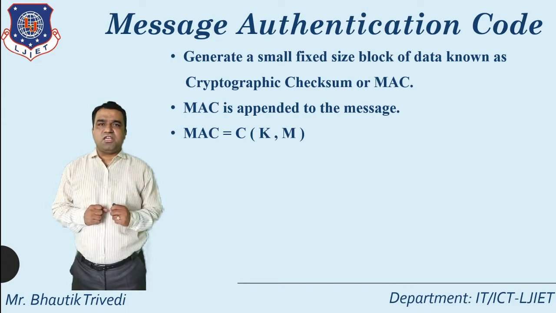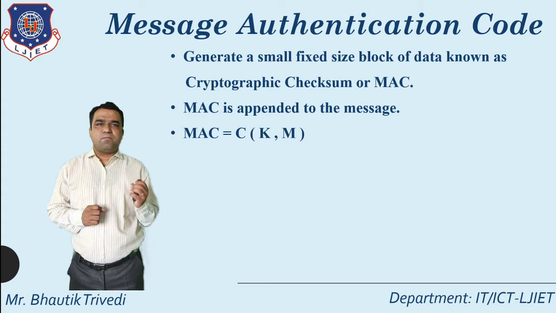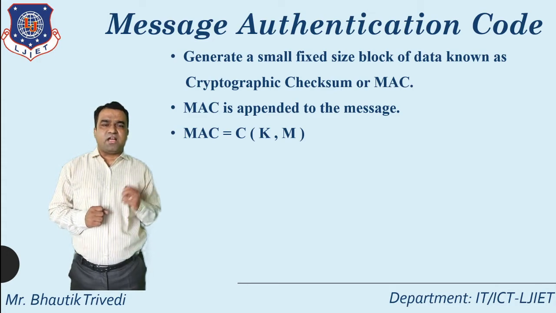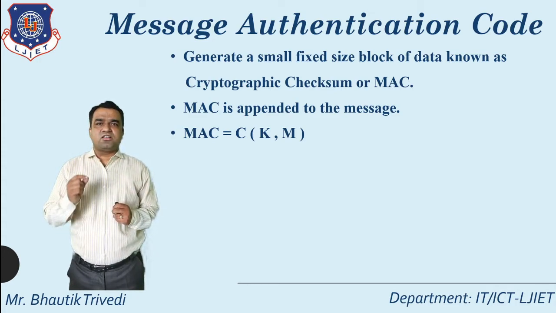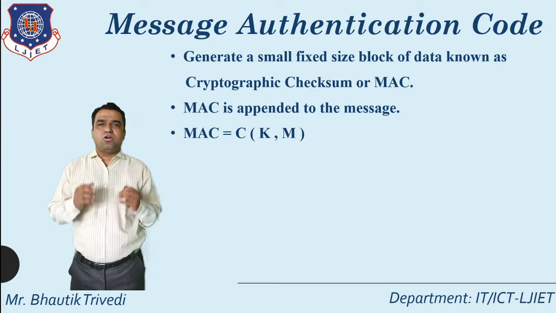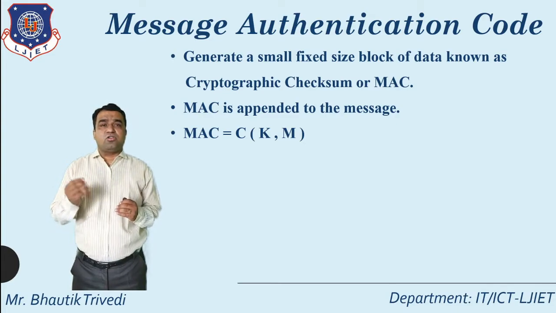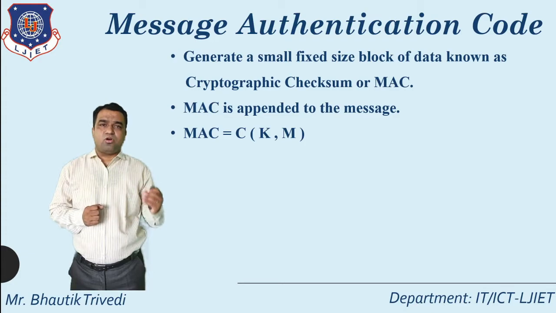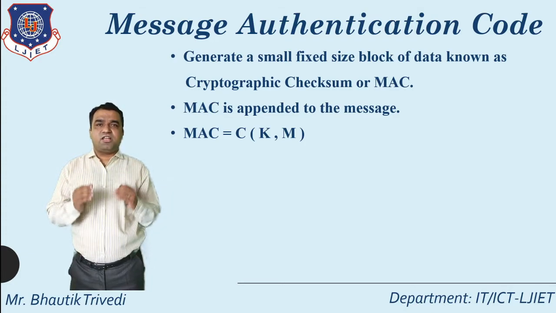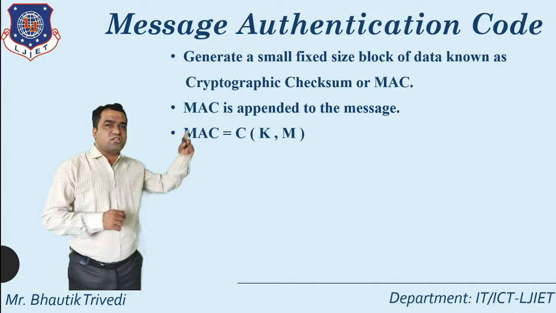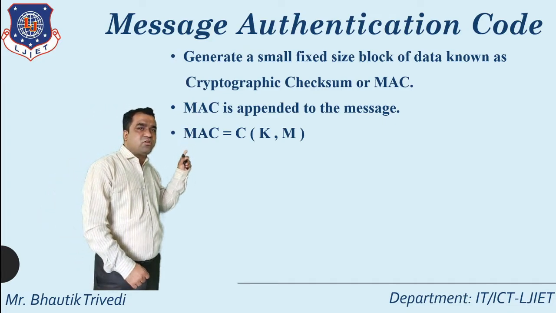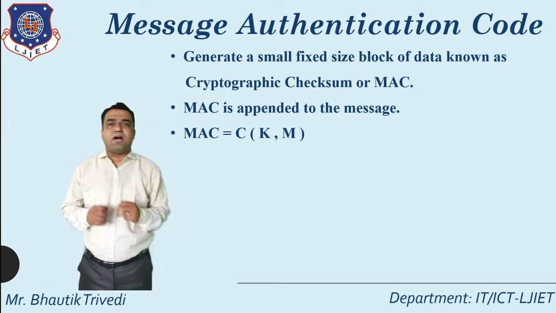Here you just see, a simple small fixed size block of data is known as a cryptographic checksum or MAC. Whenever you generate a particular MAC, MAC is equal to C(K, M).